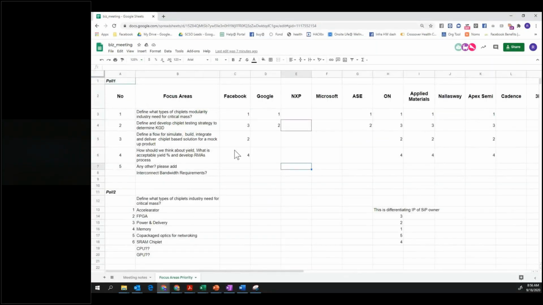Yep. All right. I also would like to thank other companies who helped and voted from last time. One thing which is very clear looking at all these votes is that defining what type of chiplet modularity in the industry seems to be the number one focus, at least for all the companies who voted. Since we have that, I want us to take the discussion to what kind of chip we will be focusing on.